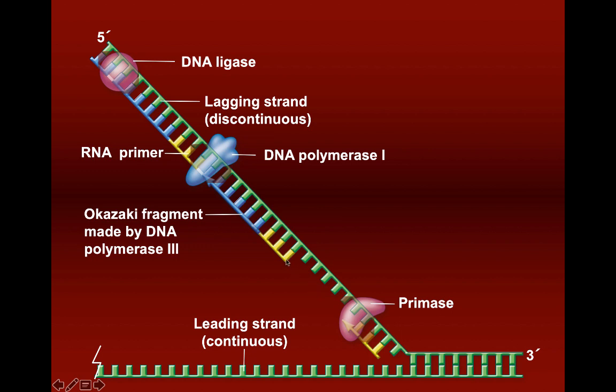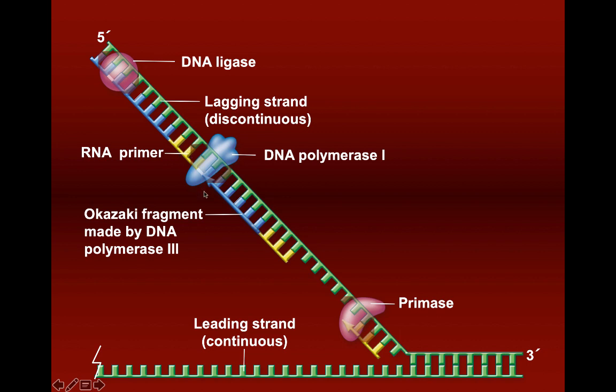Now, the only other wrinkle in all of this is the fact that once we take out these RNA primers and fill them in with DNA, we're going to get just a little bit of a nick right there in the backbone. There's a little break in the backbone here, and there's going to be one here, and there'll be one there, and there'll be one eventually here as well, because of how DNA polymerase removes the RNA primer and synthesizes in new DNA.